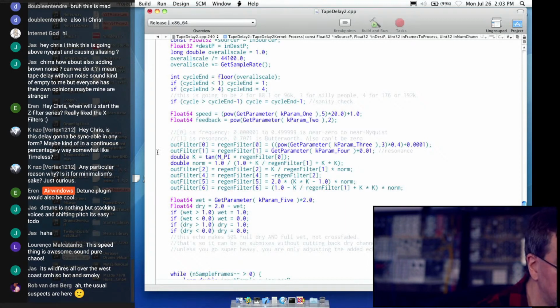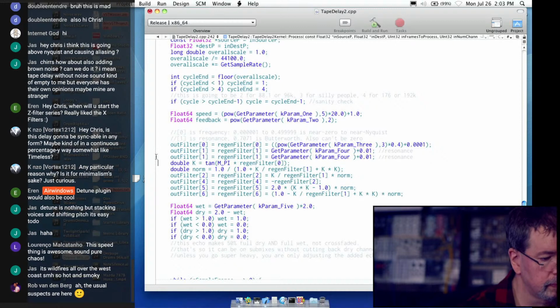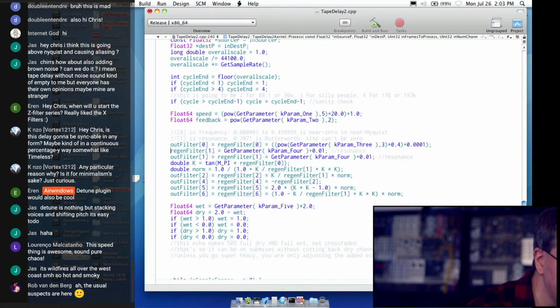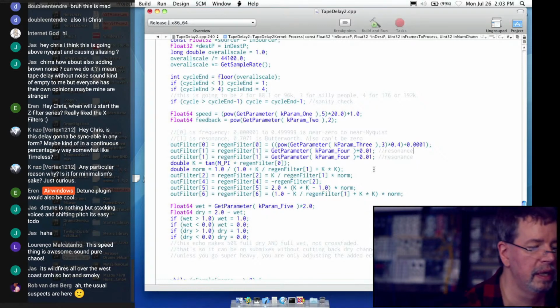So regen filter becomes this. Hang on. I am concerned that this is not going to work the way I think. Yeah, I gotta do this all twice. Dang it, dang it, dang it.